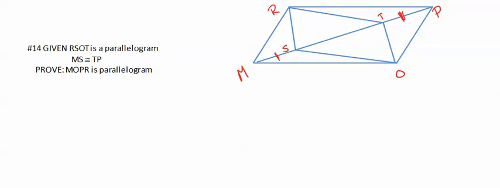Based on that information, there's a lot of things that we can say. We can say that the opposite sides are congruent, so RS is congruent to TO. We can also say that RT is congruent to SO, based on the property that opposite sides of parallelograms are congruent.